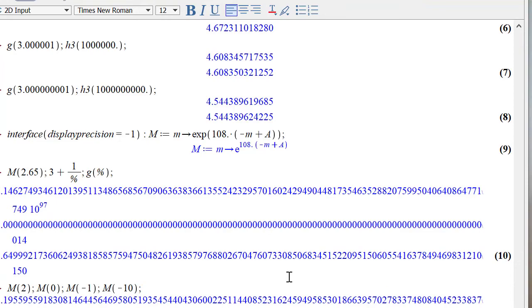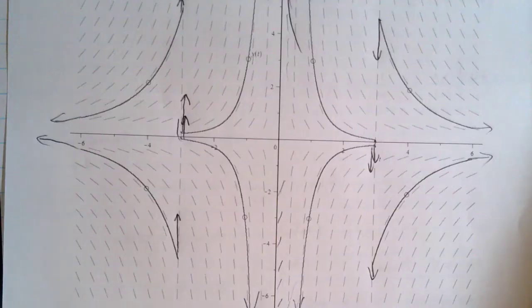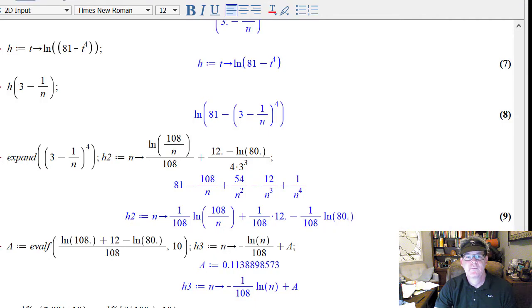I should also add that if we look at the early graphs, we can't always see what was going on. Oops, not quite that early graph. Where's the early graph?